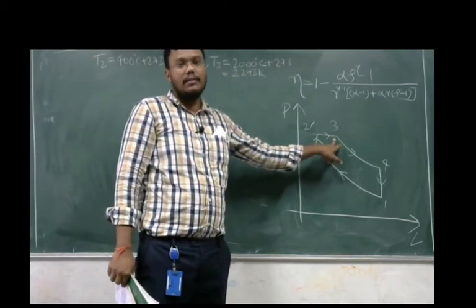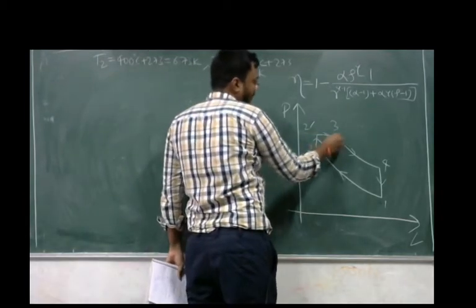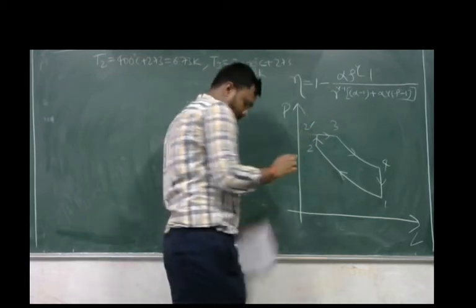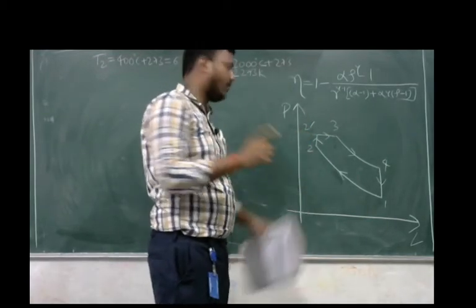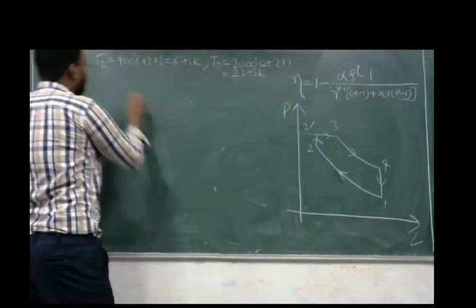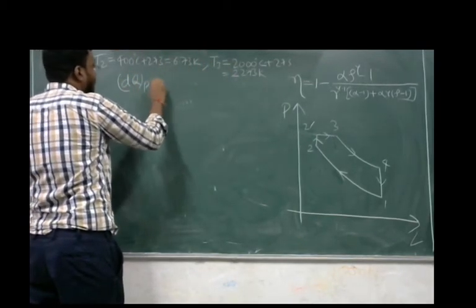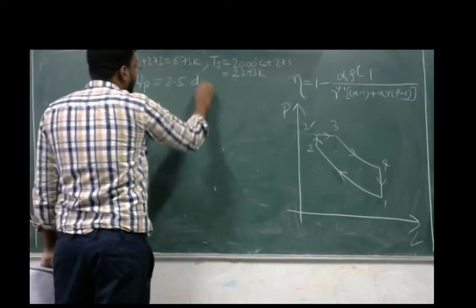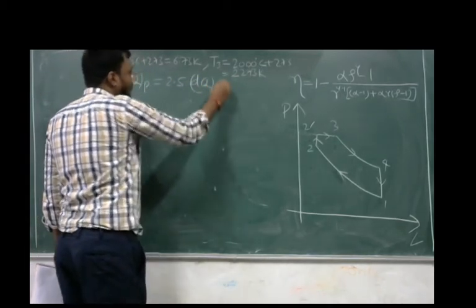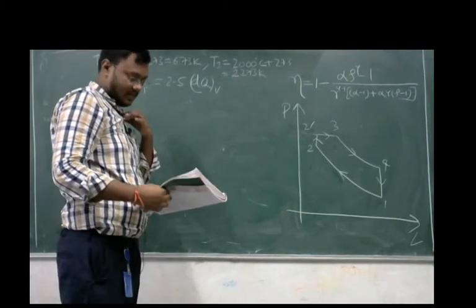In the question it is given that the heat addition at constant pressure is 2.5 times the heat addition at constant volume. So dQ at constant pressure is equal to 2.5 times dQ at constant volume. This is given in the question.